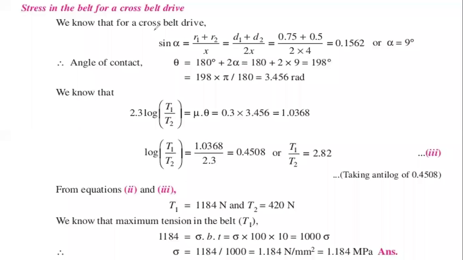For the cross belt drive, sin alpha is equal to (R1 plus R2) by X. By substituting, (d1 plus d2) by 2x, that is (0.75 plus 0.5) by 2 into 4, we got alpha is equal to 9 degrees.